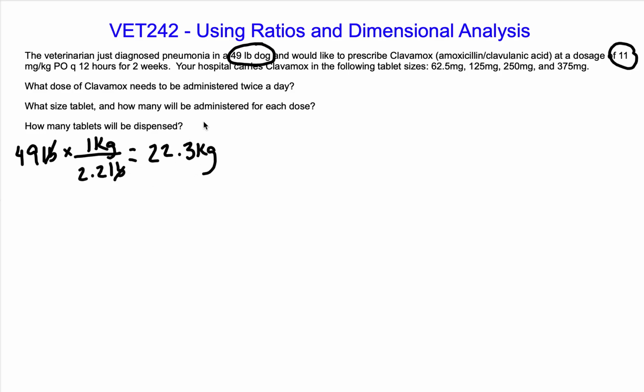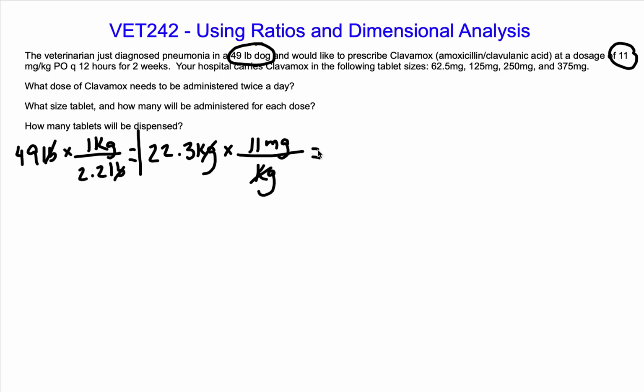The next thing I'm going to do is go back up and use my conversion factor of the dosage, which is 11 milligrams per kilogram. So I'm just going to put a line here to show that we're starting a new math problem. And I'm going to take the weight, and now that my units are appropriate, I can use that dosage to figure out how many milligrams I'm going to give per dose.